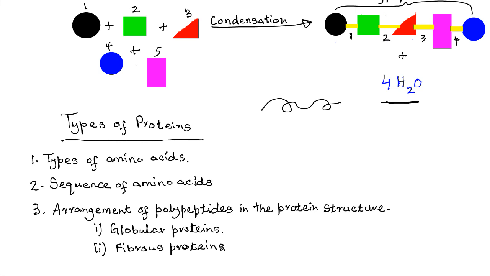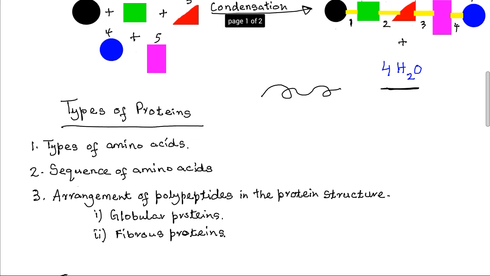So amino acids are the building blocks of polypeptides. Polypeptides then constitute the proteins. A protein may be as simple as just consisting of 1 polypeptide, or it may be very complex and consist of several polypeptide chains.